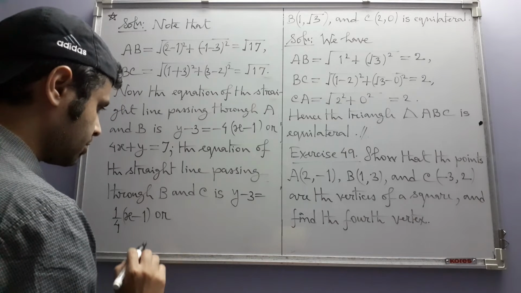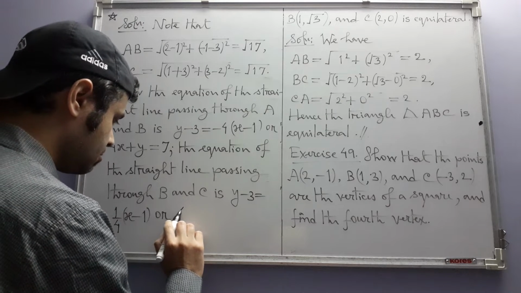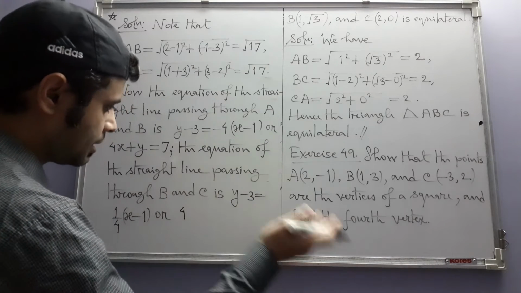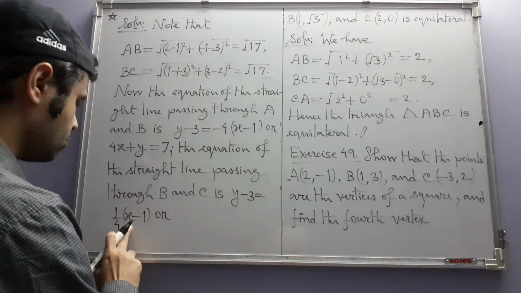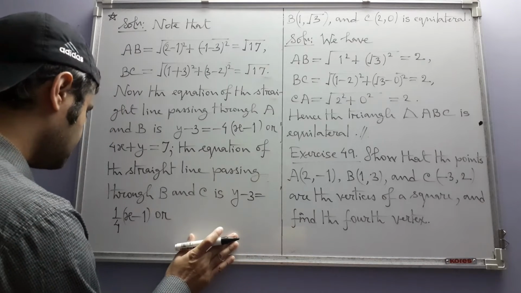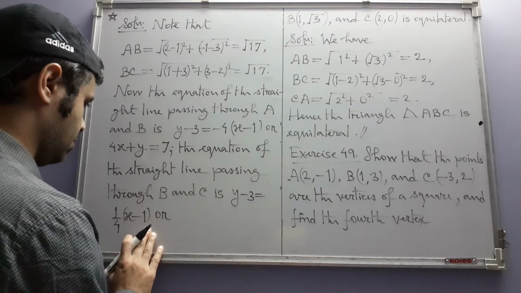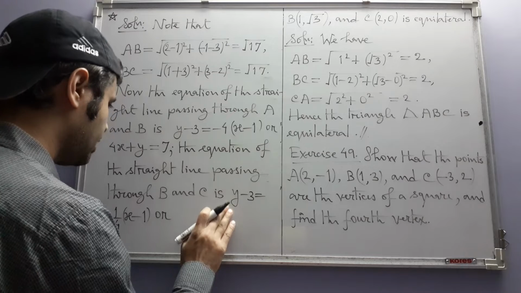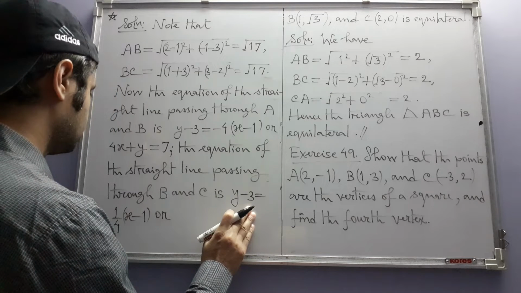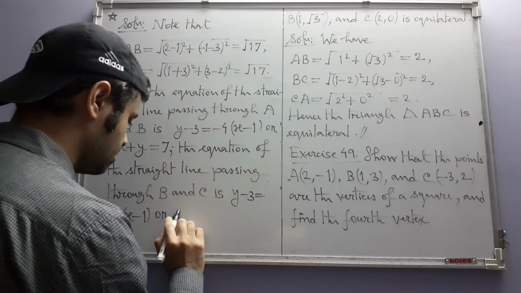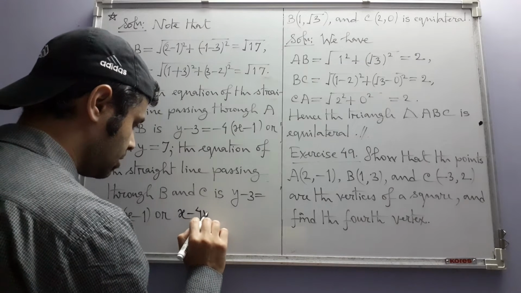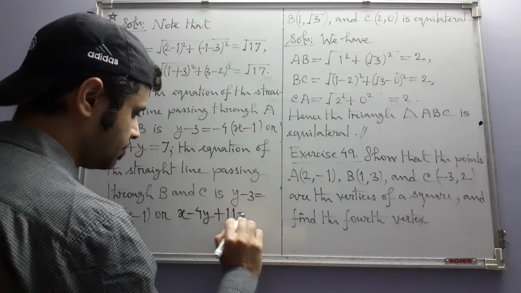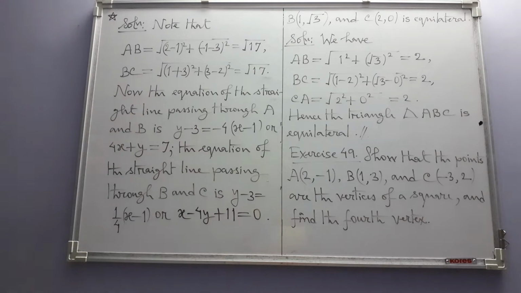So let's just take 4y on that side. On the right hand side, we have x minus 1. x minus 1 is equal to 4y minus 12. So that means x minus 4y plus 12 minus 1, that means plus 11, equal to 0.